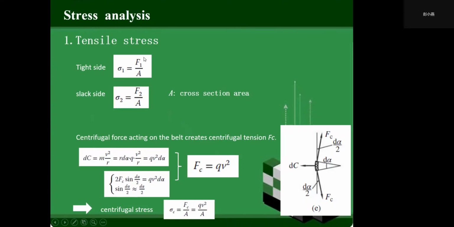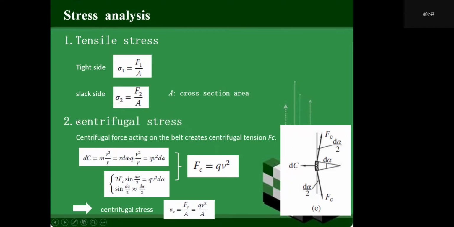Sigma 1 is the tensile force F1 on the tight side divided by the cross-section area. And for the slack side, sigma 2 is F2 divided by the cross-section area.